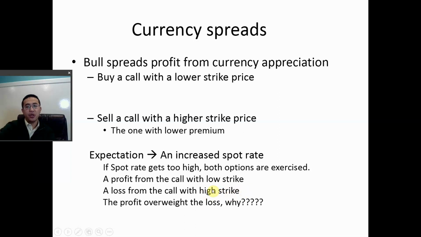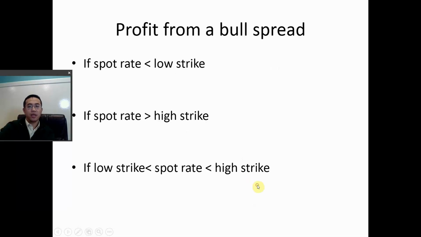That means as a writer, you should sell at this high strike. So from the option you buy, you would pay the low strike price, but from the option you write, you would sell at this high strike to the option buyer. So that's the story. You buy low and sell high, you would make money.